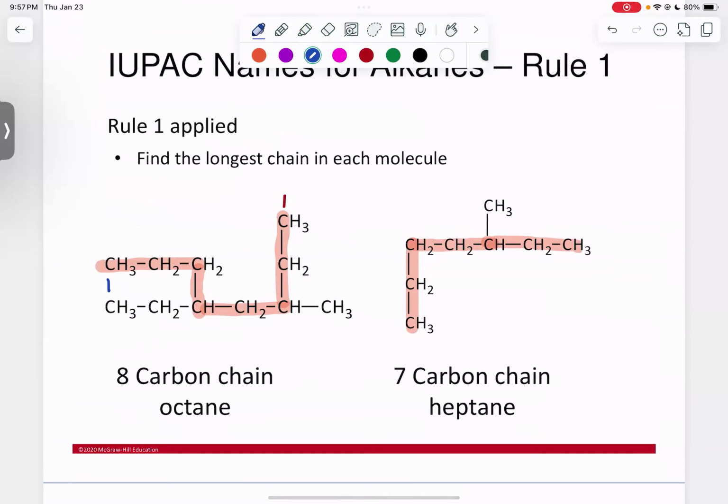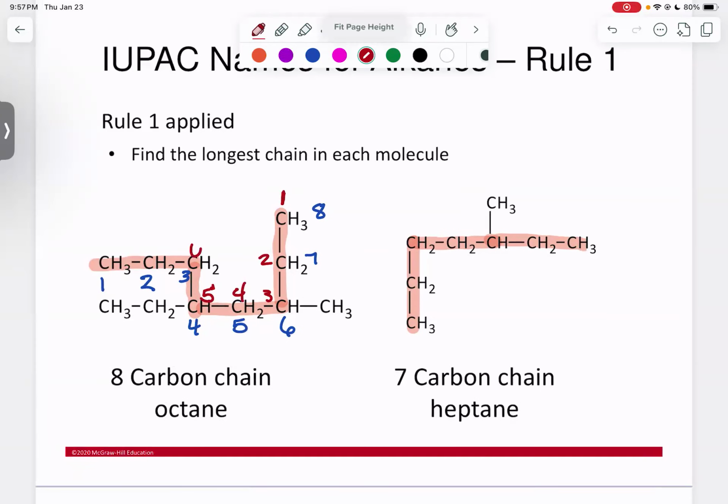Which one is it, the blue or the red? Well, let's do both and then decide. So we're going to number them 2, 3, 4, 5, 6, 7, 8, starting from the left. If we start from the top, we're going to go 1, 2, 3, 4, 5, 6, 7, 8. So my question is, which one do I do?